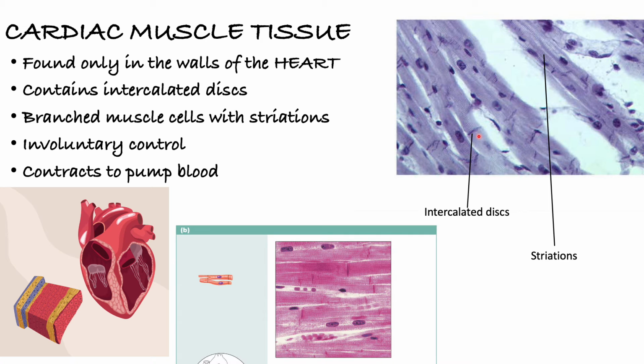We're also going to see that they are branched. These muscle cells are branched, unlike skeletal muscle tissue, and they're under involuntary control. They also have striations. If you take a look here, their striations are not as defined as the ones in skeletal muscle.